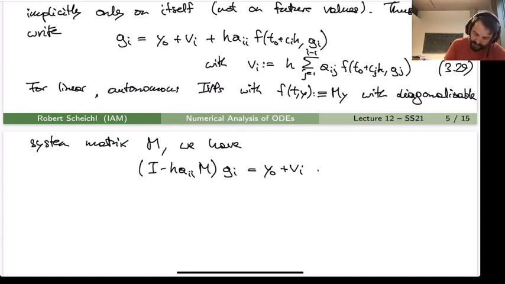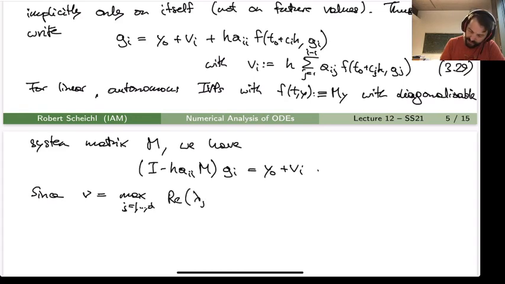And now, since we know that for linear initial value problems, the nu in the one-sided Lipschitz condition is just the maximum over all real parts of the eigenvalues of the system matrix M. You can find that proof in Lemma 3.1.8.